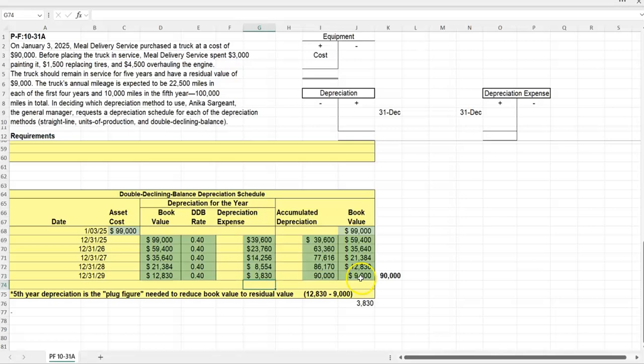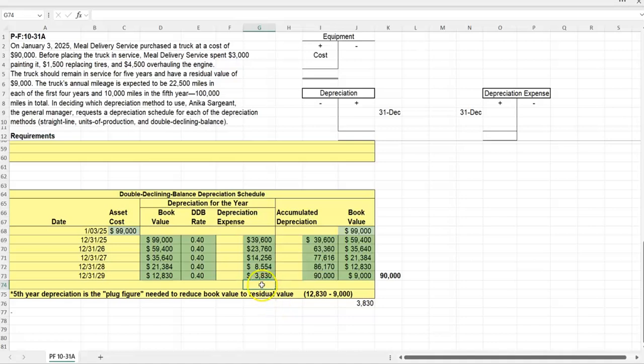So you want to make sure that in that last year with double declining balance, twice the straight line rate, when it gets down to the later years, we can't go over our accumulated depreciation of $90,000, or the residual value $9,000. So it's usually a plug-in figure that you're going to have to put in to make your accumulation equal out to $90,000.